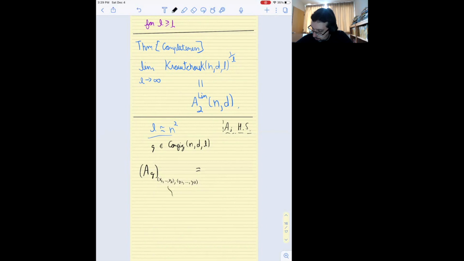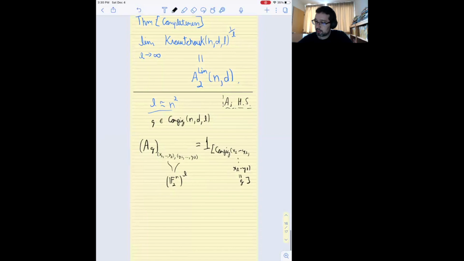Each one of them is a tuple in F^n, to the L. And then you're simply asking whether, if you look at the configuration of their differences, x_1 minus y_1, etc., x_L minus y_L, this is equal to G or not, with a given configuration.